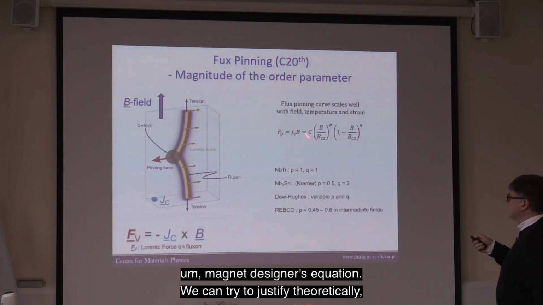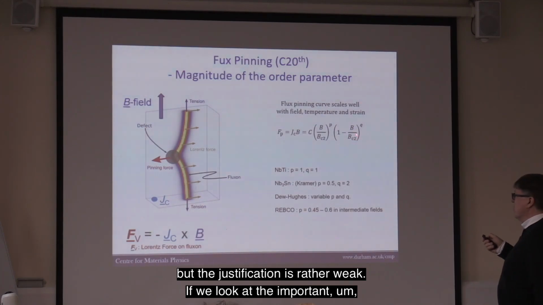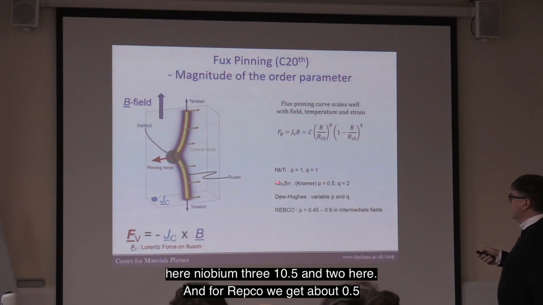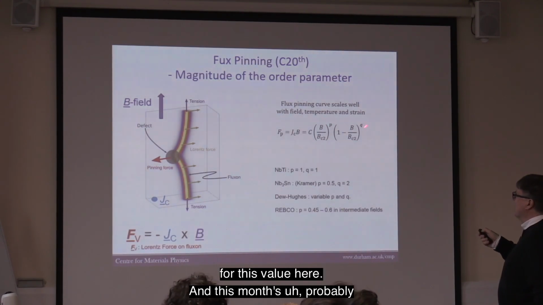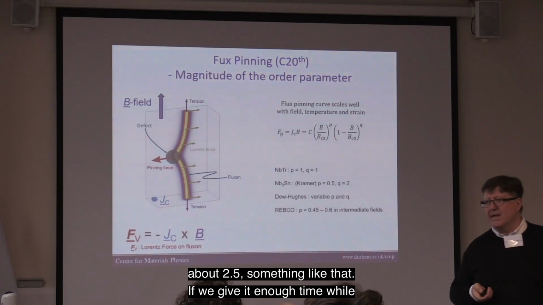We can try to justify it theoretically, but the justification is rather weak. If we look at the important commercial materials, niobium titanium has these values 1 and 1 here, niobium 3 tin, 0.5 and 2 here, and for REBCO we get about 0.5 for this value here, and this number's probably about 2.5, something like that.